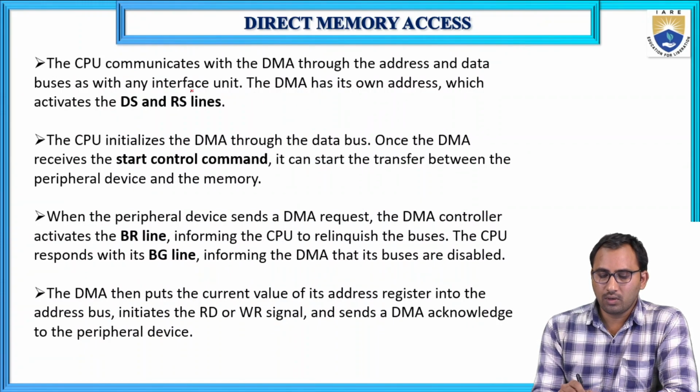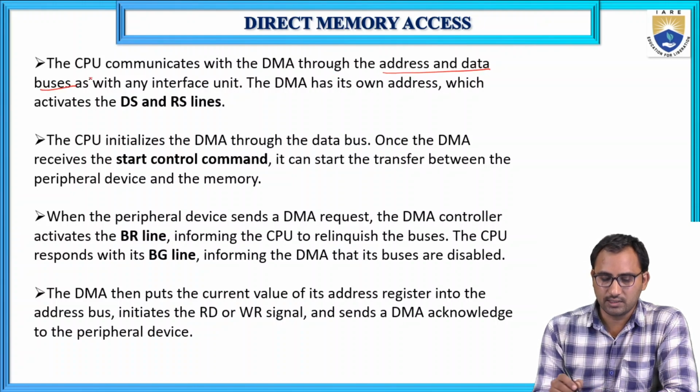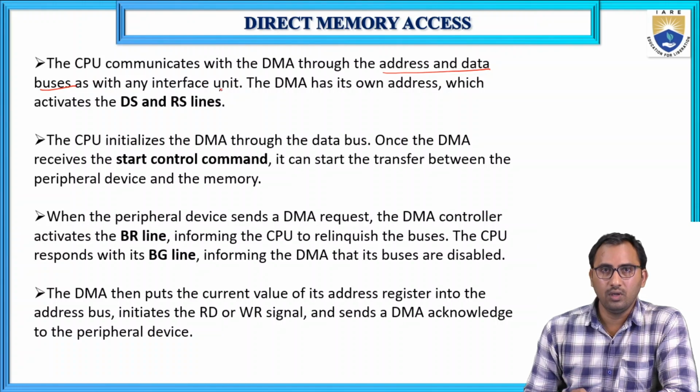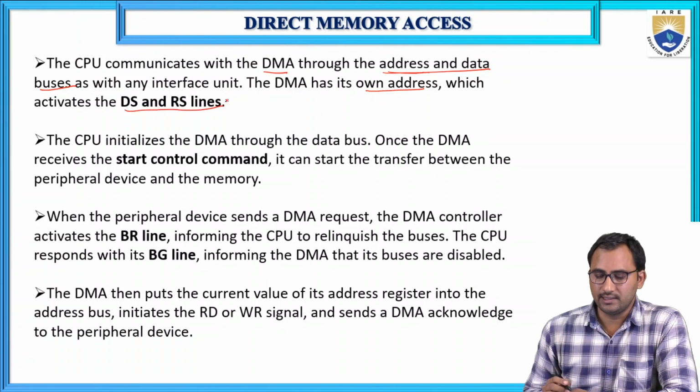So the CPU communicates with the DMA through the address and the data buses as with any interface unit. So the CPU is communicating with the DMA through these address and data buses. DMA has its own address which activates the DS and RS lines.